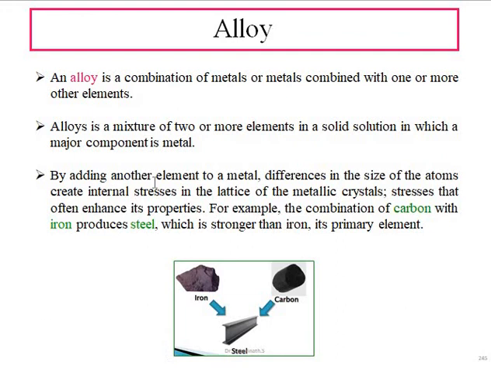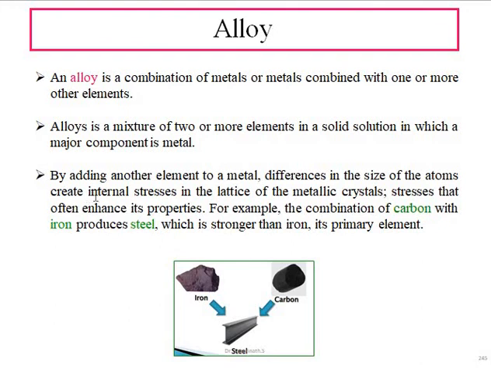By adding another element into a metal, the difference in the size of the atoms creates internal stress in the lattice of the metallic crystals. We all know how the lattice arrangements are for a pure metal or a pure crystalline structure. So if we remove one atom and replace it with a foreign atom, some critical internal stresses will be developed there.